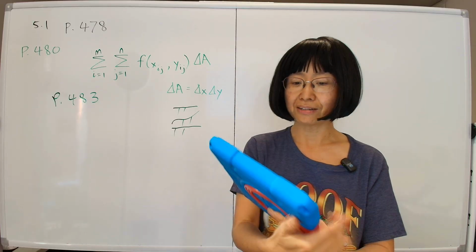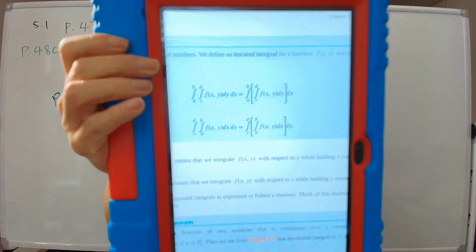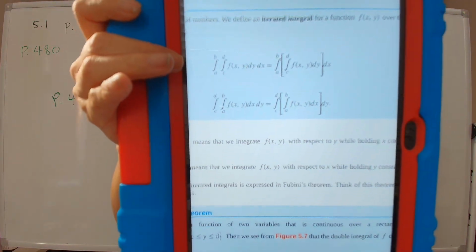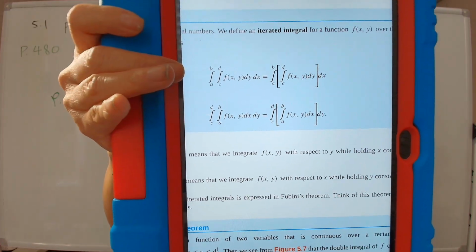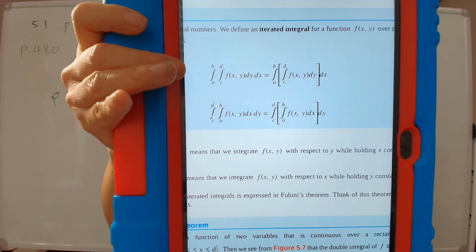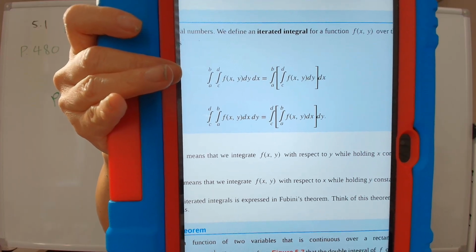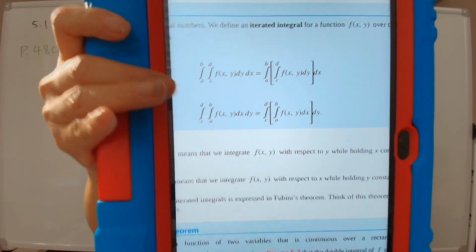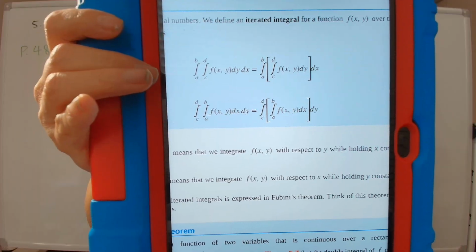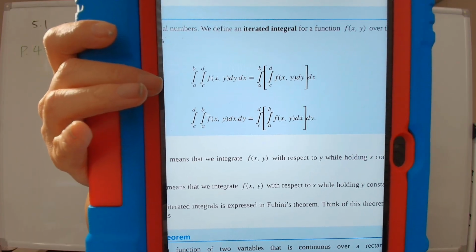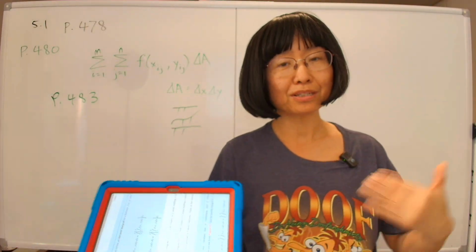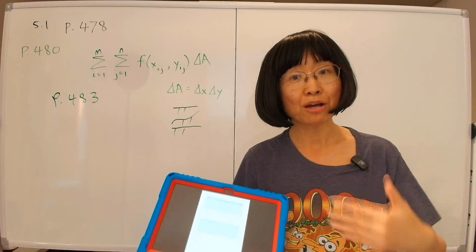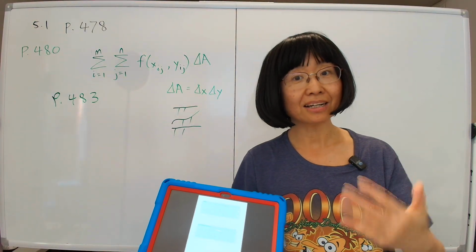So for the first integration, x is just a constant, and you carry it along like you do with partial derivatives. When you take the partial with respect to x, y is just a constant that comes along for the ride.